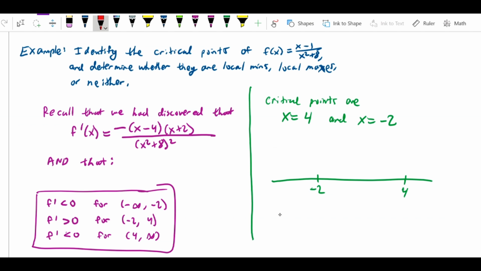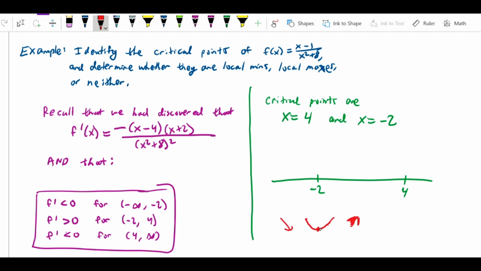So the function is heading downward on this interval, and then once we get to the interval negative 2 to 4, the function is heading upwards. So at the critical point negative 2, the derivative changes from negative to positive, and that suggests to us that what we're seeing is a min, which we might draw in something like that.